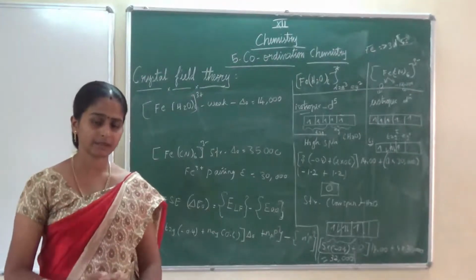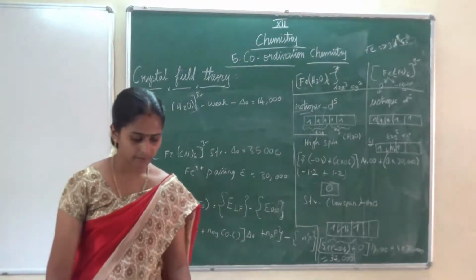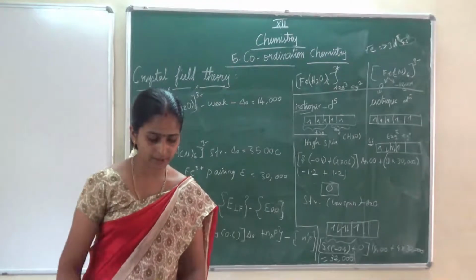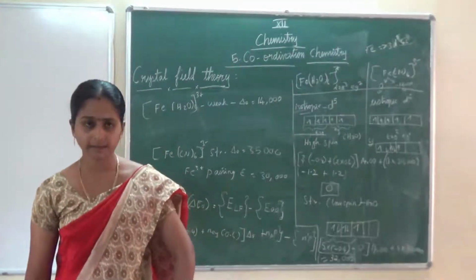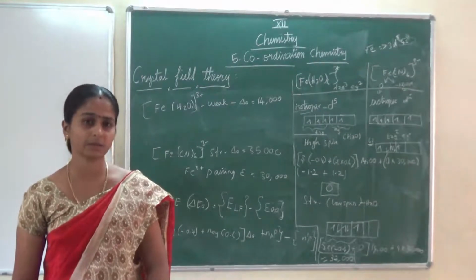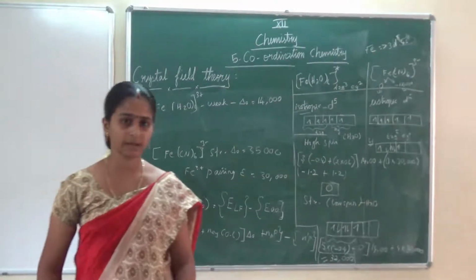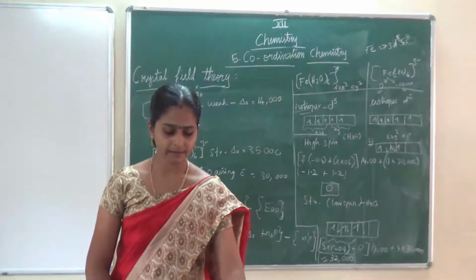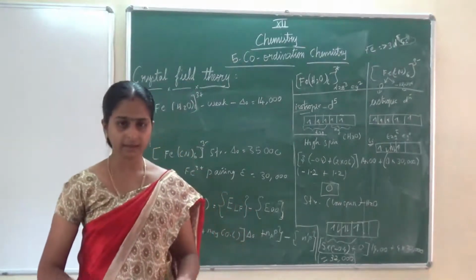Same way here for d1, d2, d3, like that. If it is d0 or d10, it means there is no possibility of observing any colors there. Here the electrons are present in the t2g.